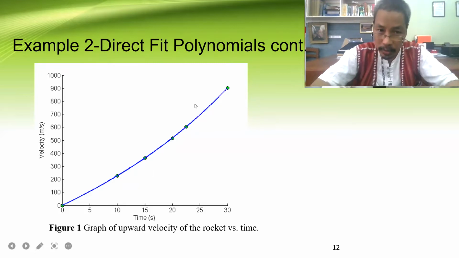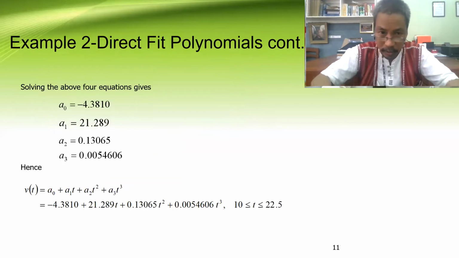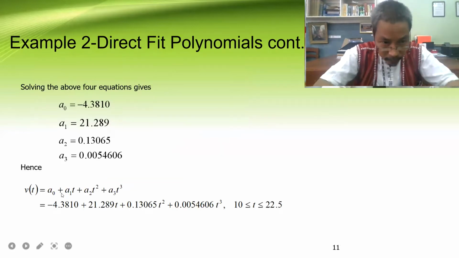You can see here, it also uses 0 and the value at 30, because we can solve for the value of this curve. At time equal to 0, you can put 0 here, put 0 here.